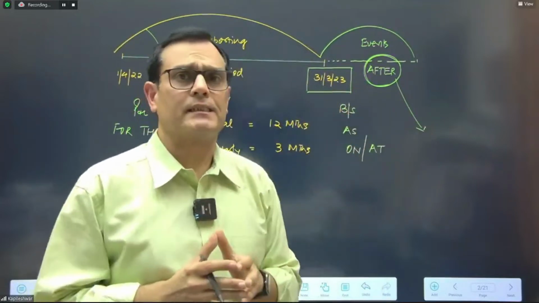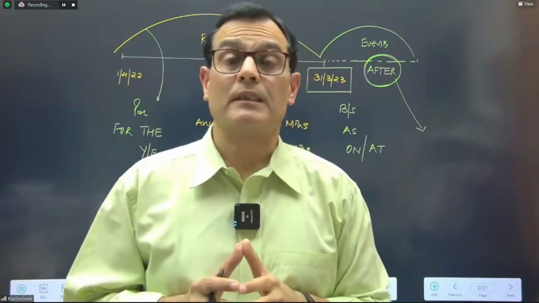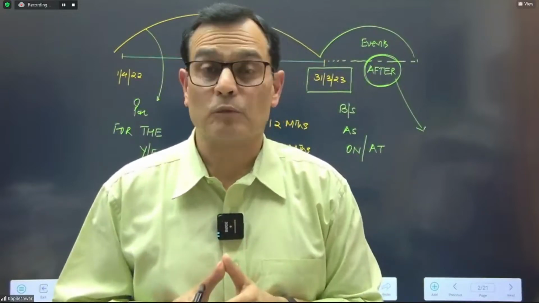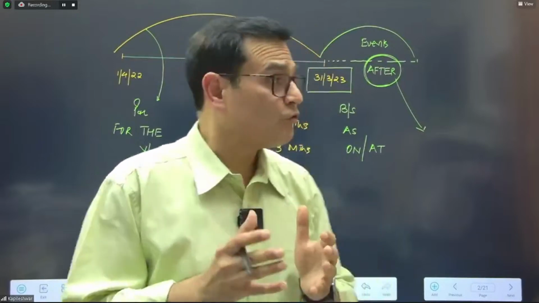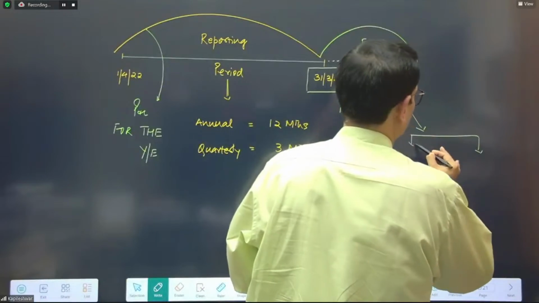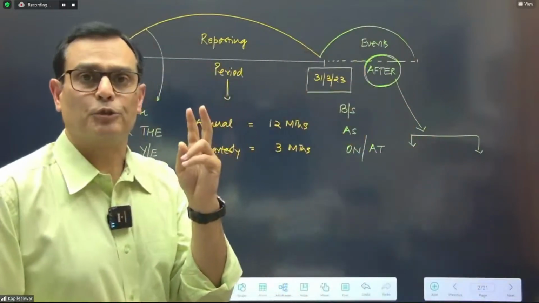But Ind AS 10 tells us that there could be certain events which need to be incorporated, and certain events which need not be incorporated. So they've segregated the events which take place after the balance sheet date into two.